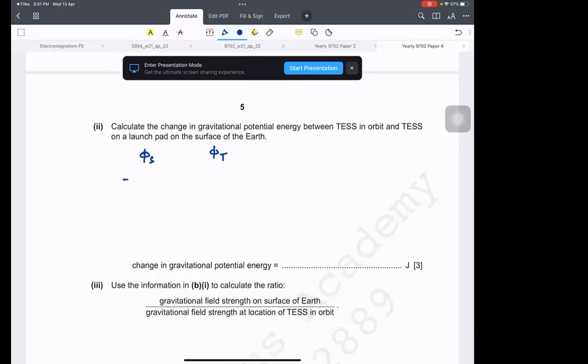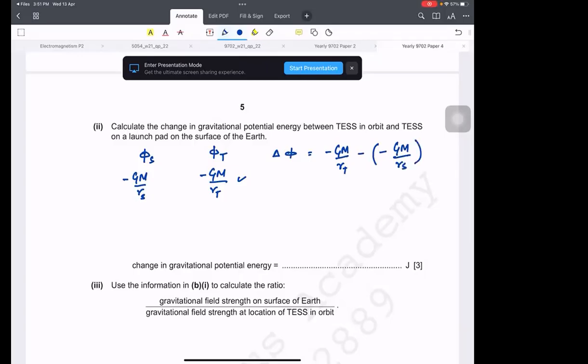Now this is minus GM upon r at surface and minus GM upon r at orbit. To find the change in potential, this will be larger because it has gone far away. So you take the change like this.